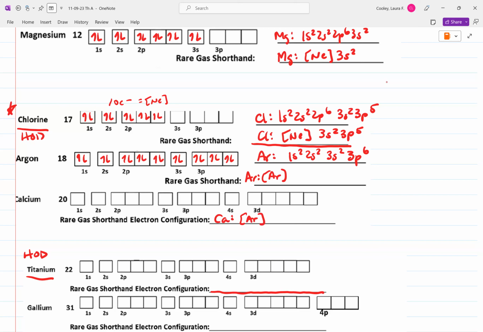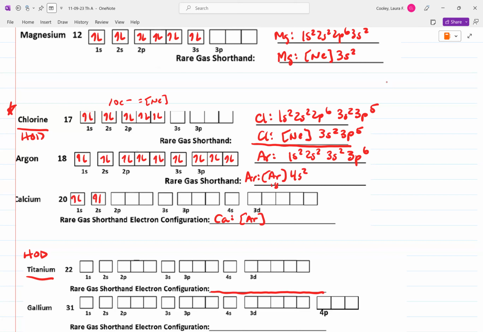And now argon, you see that it's in the third period, the third row down. So the n equals 3 shell now is done. You're starting with the n equals 4 shell. So you're going to start with 4s2. Calcium is 20, because you had 18 electrons from argon and you just need 2 more.